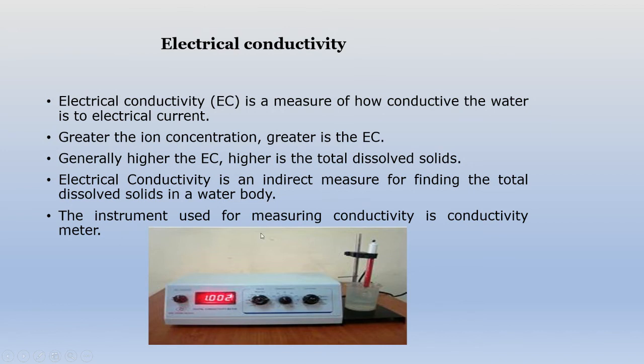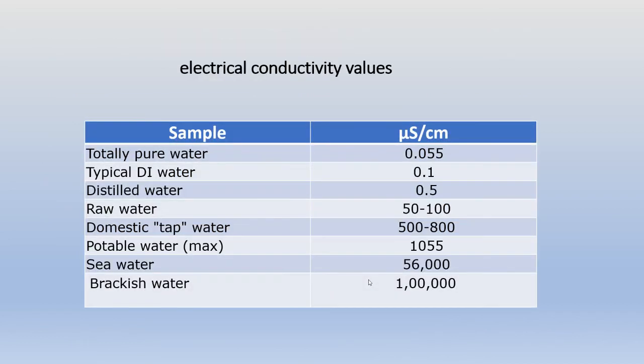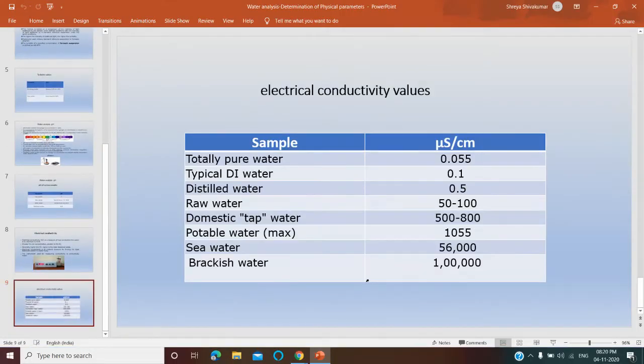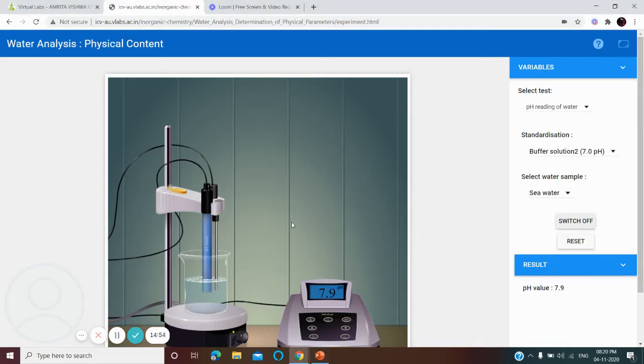The instrument used for measuring conductivity is the conductivity meter. In the diagram, you can see that this is the conductivity meter, and this is the conductivity cell. Now we are going to find out the electrical conductivity of a given water sample.